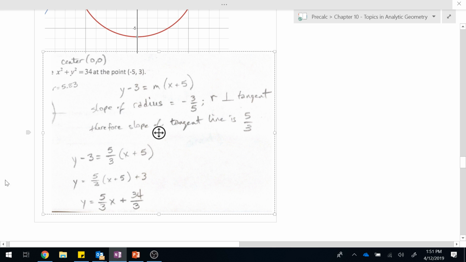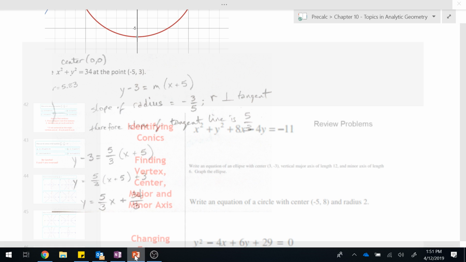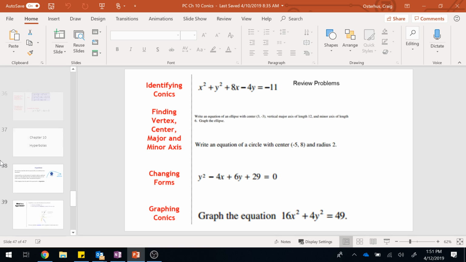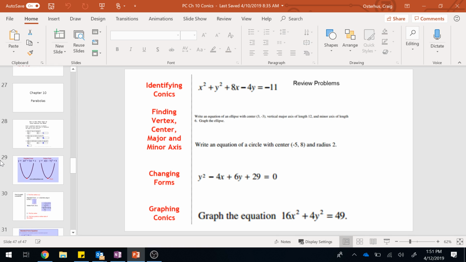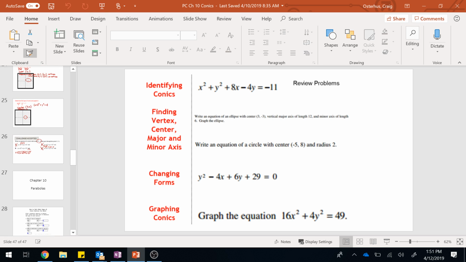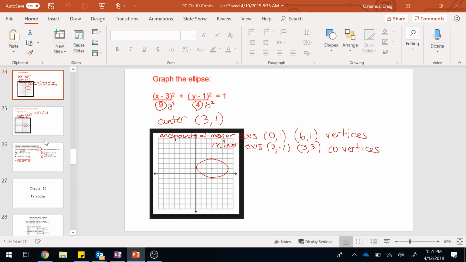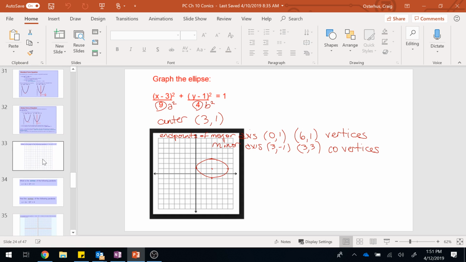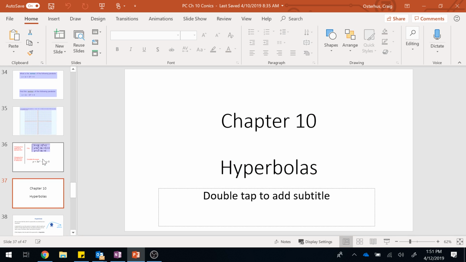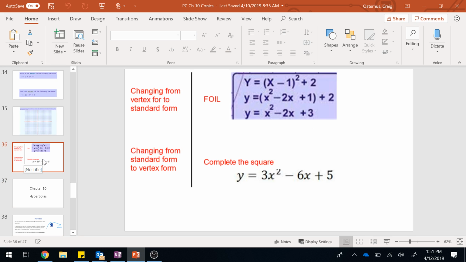Let's revisit our conics notes here. We're going to talk about hyperbolas. We got everything done on our parabolas yesterday, right? That's still ellipses. We did that.